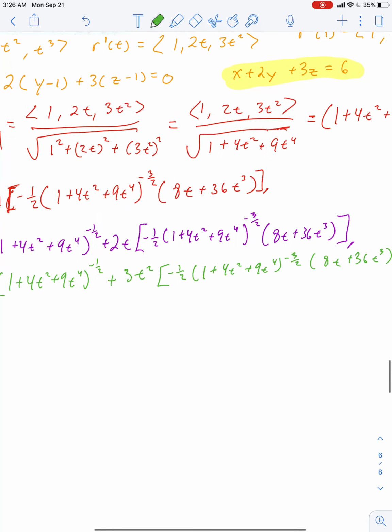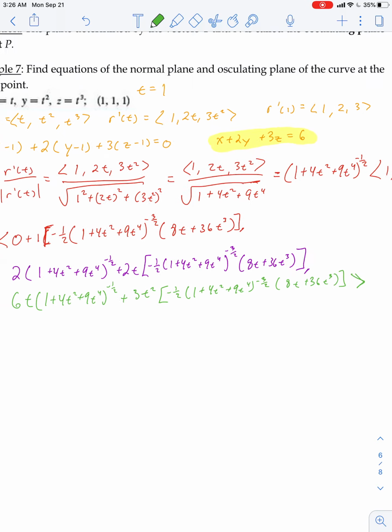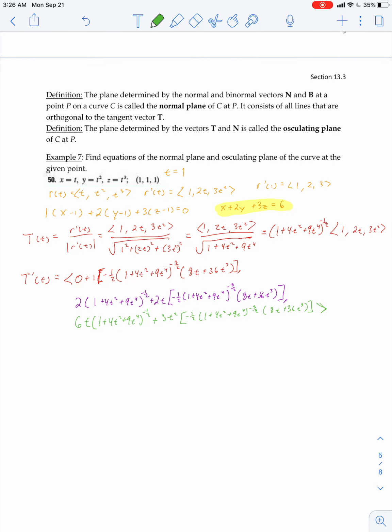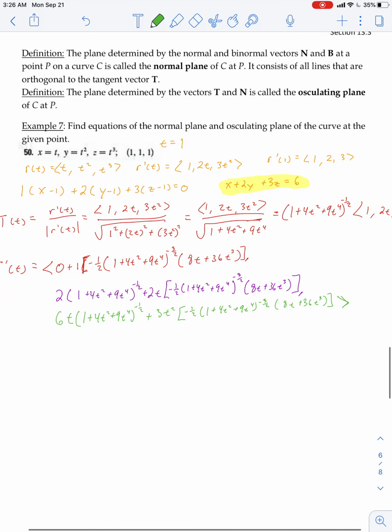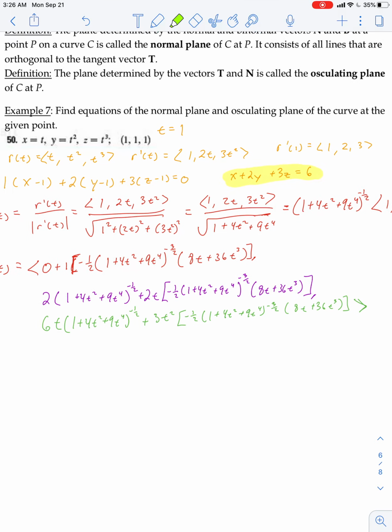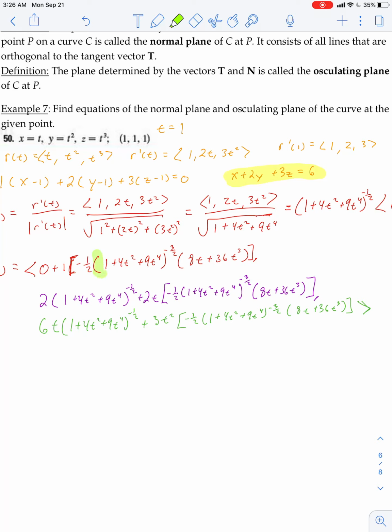All right, so now I'm going to go ahead and pull out what I can to make this more simplified. One thing I want to show you is that every single component has this part in it: 1 + 4t² + 9t⁴.